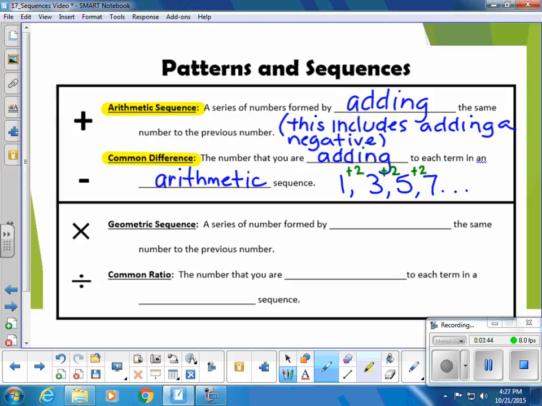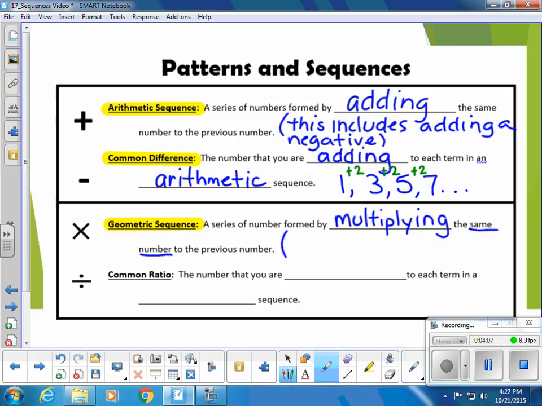All right, the next one that we're doing is the geometric sequence. That is the fancy word for saying that we're going to have a series of numbers that's formed by multiplying the same number. Make sure you know that's the same number to the previous number.